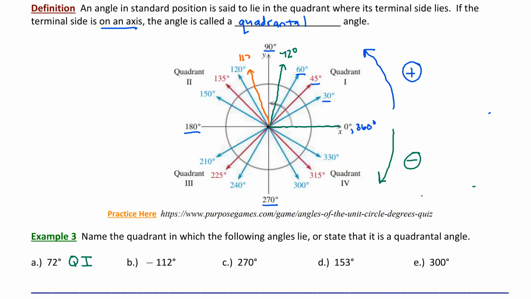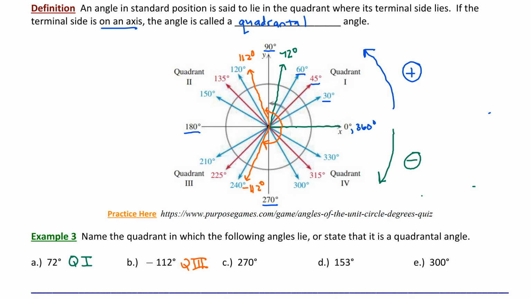So that would be the terminal side of positive 112 degrees. I'm going to go that same distance, but in the negative direction. So I'm going to go beyond that negative y-axis to approximately, and remember these are approximate, about right here. So negative 112 degrees looks like a quadrant 3 angle.